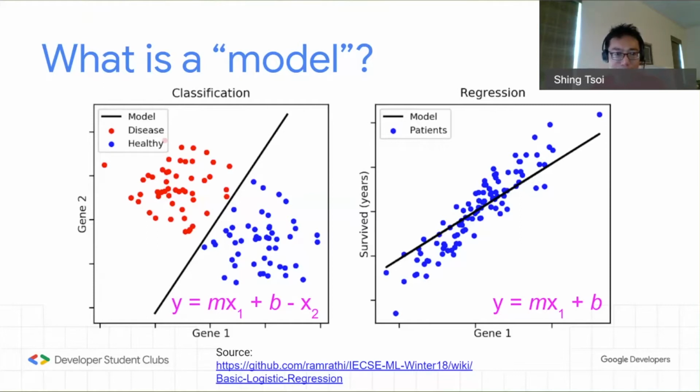In practice, the model will be a lot more complex than this line. Quite often, the model could have thousands or even millions of different parameters which we have to find the values for, and there could also be thousands of input features and millions of data points.